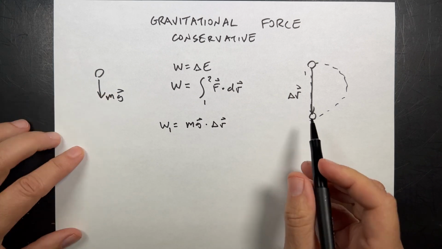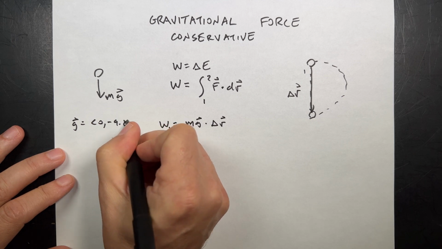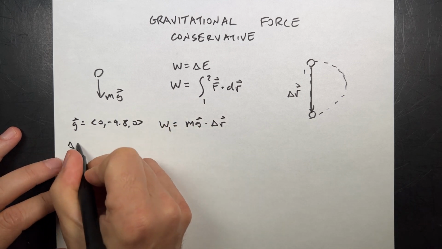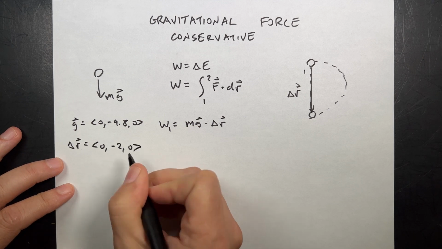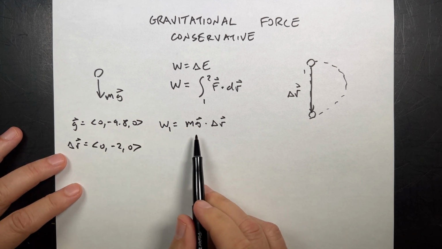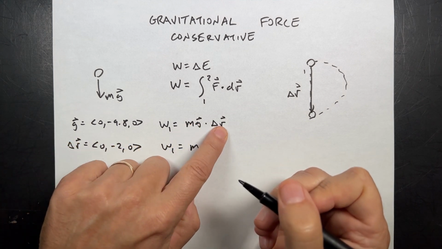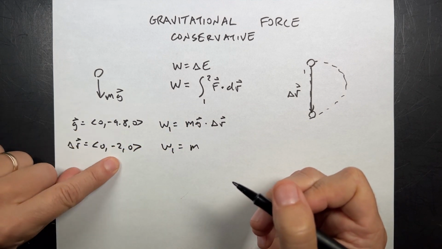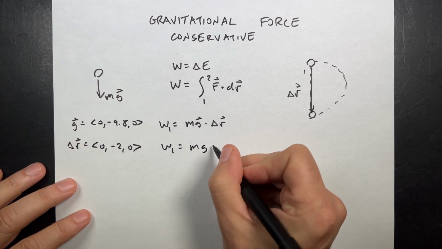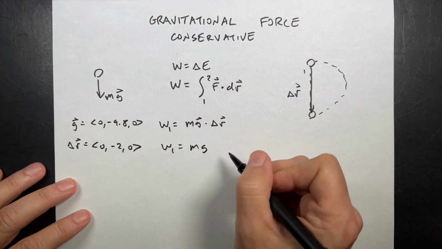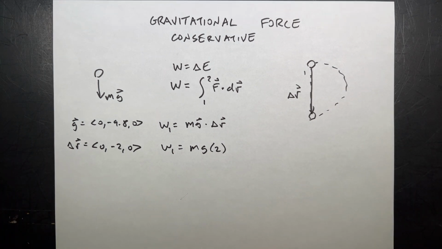I can write g as the vector 0, negative 9.8, 0, and delta r as 0, negative 2, 0. So I can do this really easily. The work done would be the mass times g dot delta r. They're both in the y direction, they're both constant, they're both negative. So I just get mg times 2. That's easy.